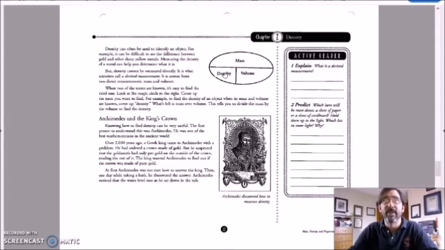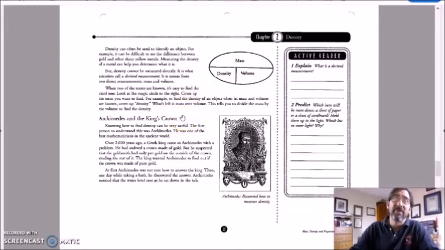What's left is mass divided by volume. This tells you to divide the mass by the volume to find the density. To find the mass, multiply the density times the volume. And to find the volume, the mass divided by the density.